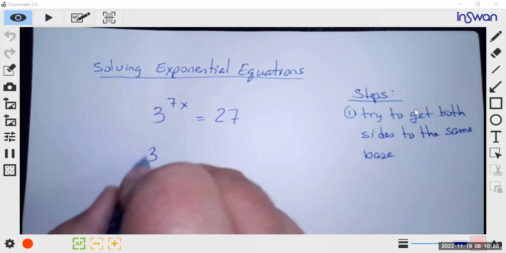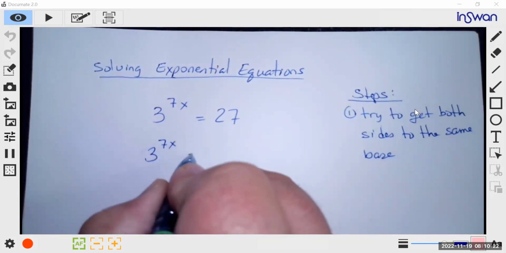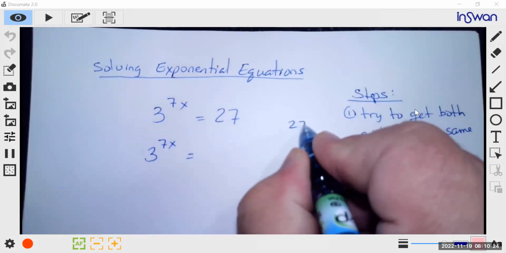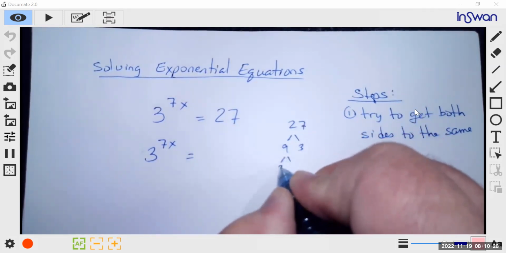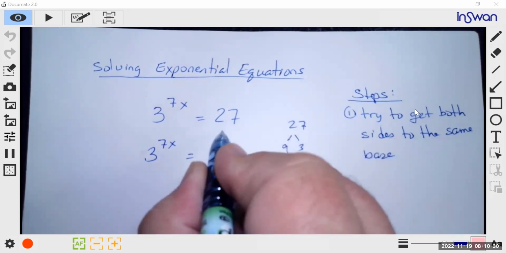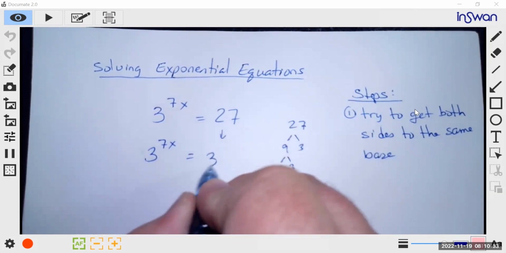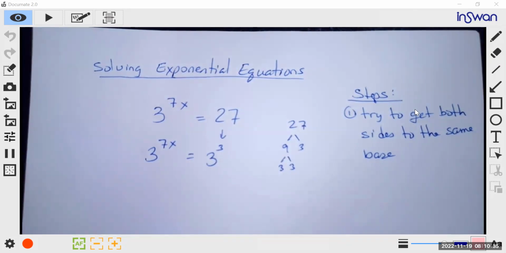So we have 3 to the power 7x. 27 is made up of 9 times 3, which is 3 times 3. So 27 is actually 3 to the third.